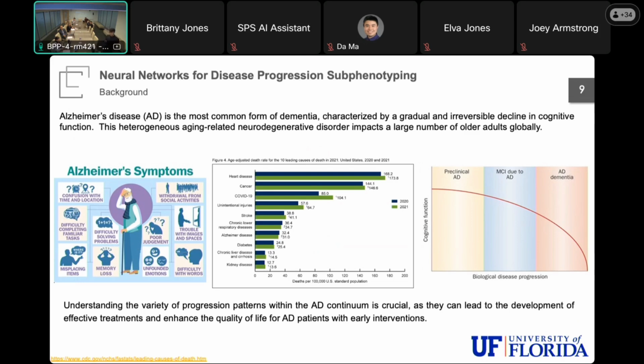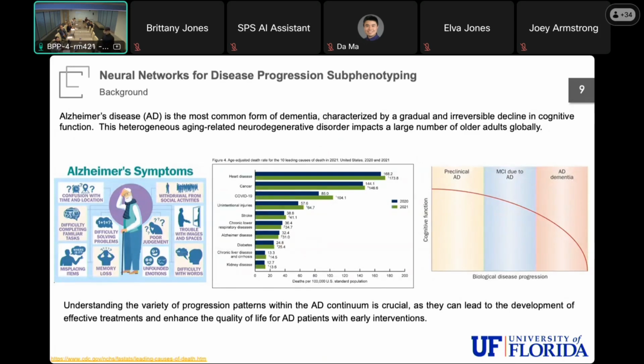This term describes the progression of AD, beginning with the brain changes that often go unnoticed, progressing to memory issues, and eventually leading to cognitive impairment.